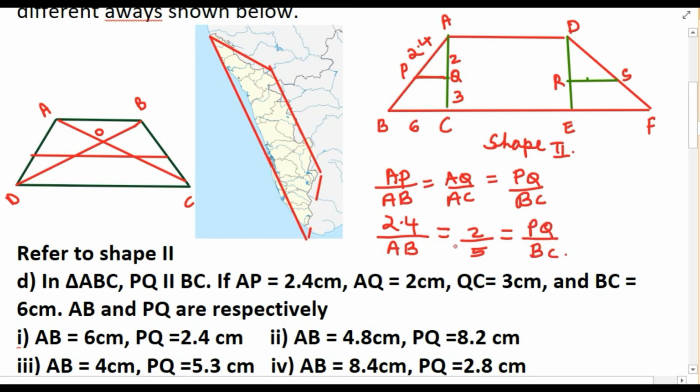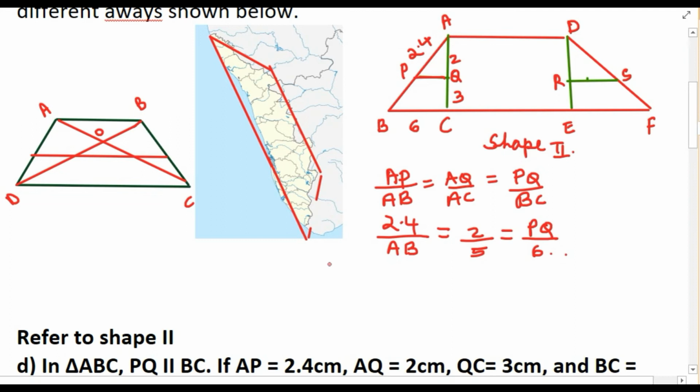Now we need to cross multiply. If you cross multiply the first 2, you will get the value of AB. If you cross multiply the next 2, then you will get the value of PQ. BC I already know is 6 centimeter. So when you cross multiply, 2.4 into 5 divided by 2 equals AB.